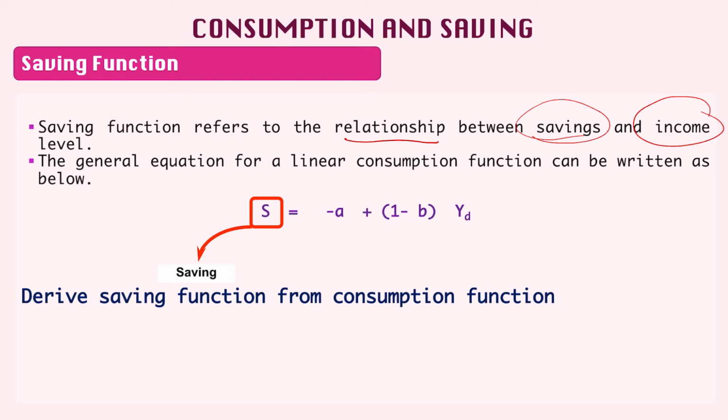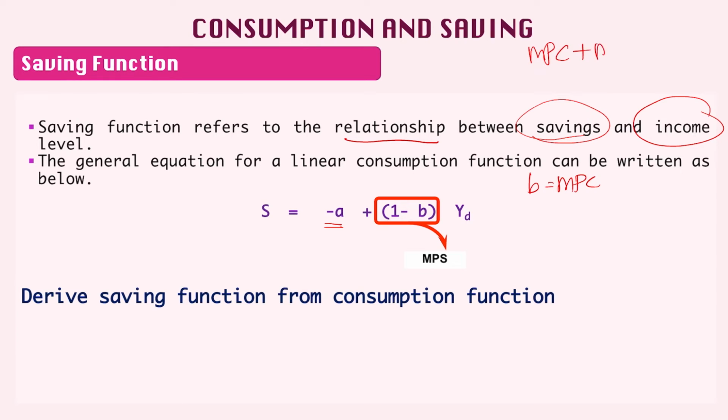So the saving function is S equals negative A plus 1 minus B, YD. Negative A is autonomous saving, and 1 minus B is MPS. If you still remember, B is MPC, so MPC plus MPS equals 1.